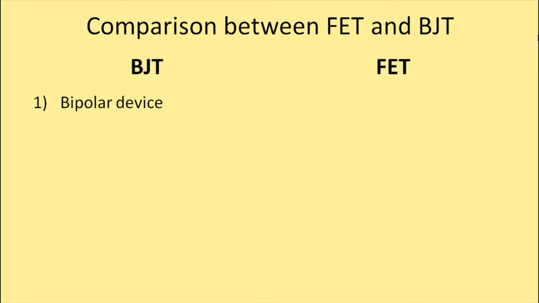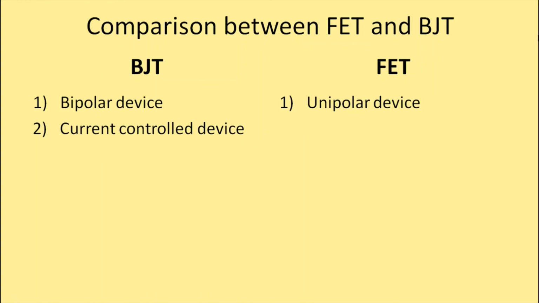That means in case of BJT, current conduction happens both due to electrons and holes. Whereas in case of FET, it is a unipolar device wherein current conduction happens either due to electrons alone or due to holes alone. Hence, it is known as a unipolar device.